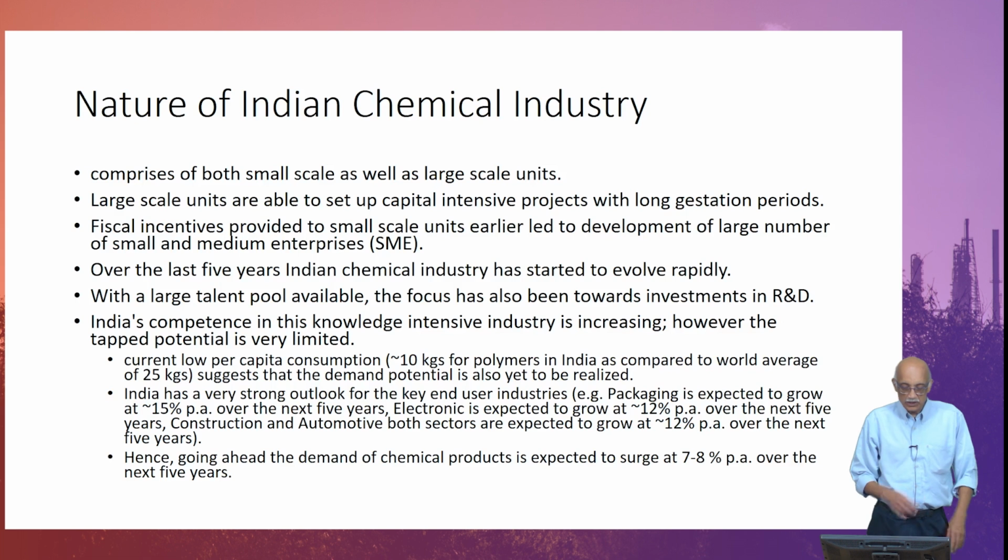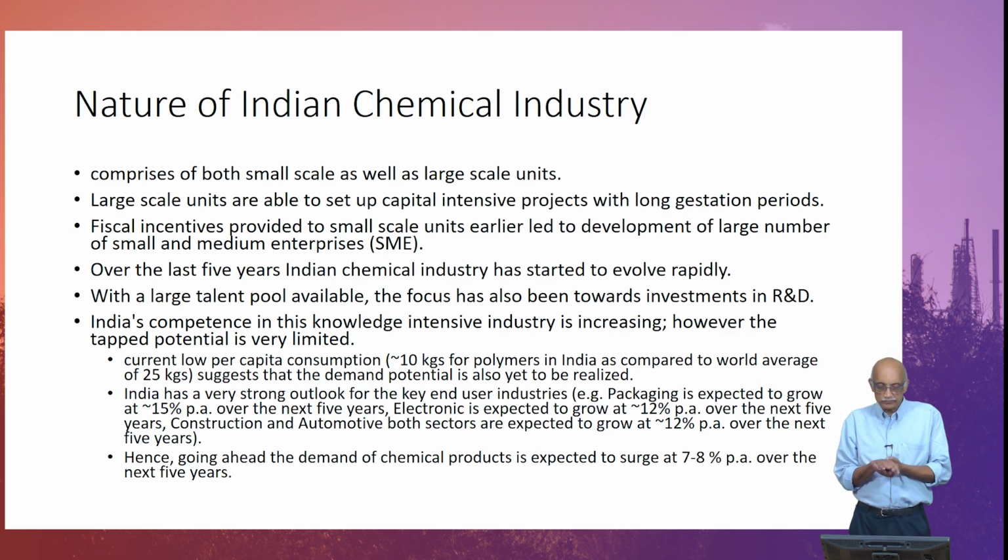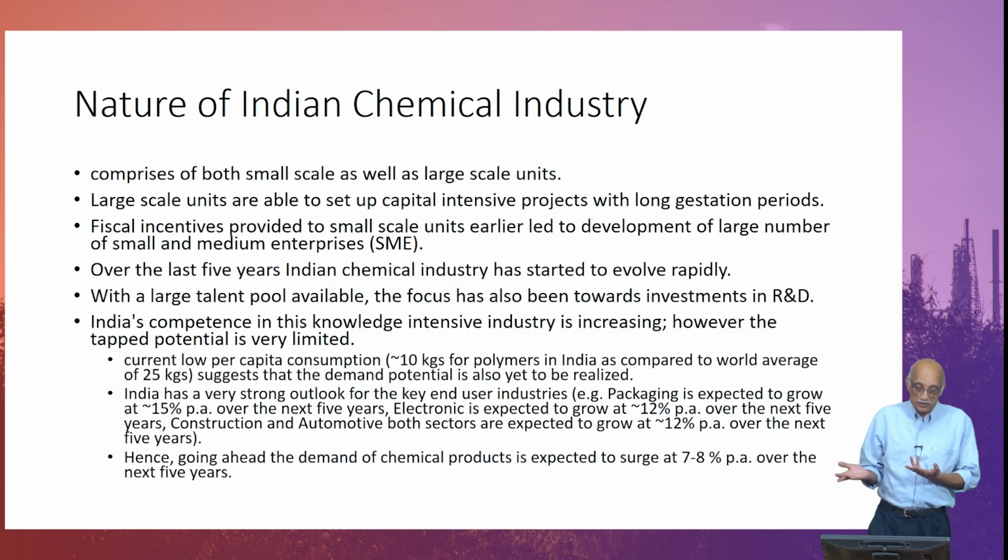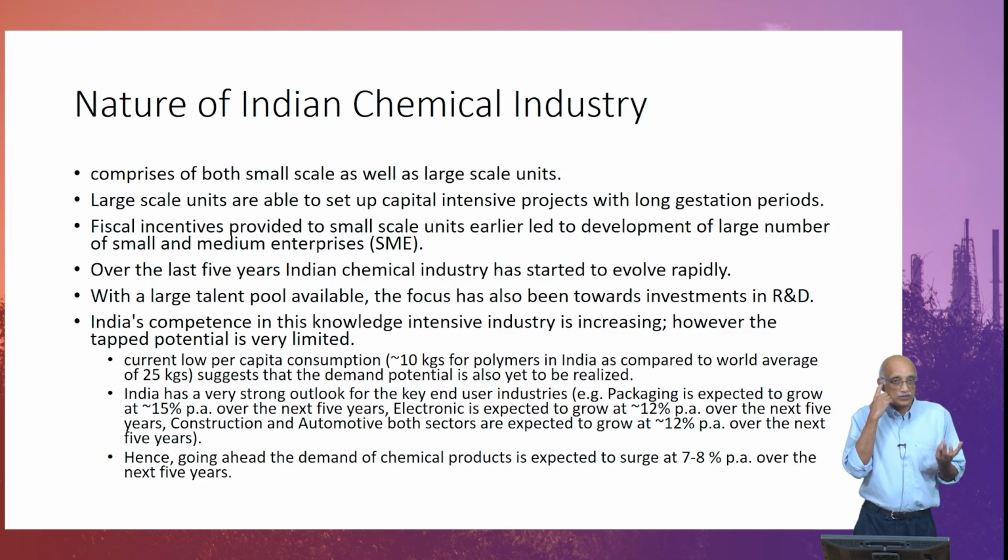So, what is the nature of the Indian chemical industry? There are small scale units, large scale units. Large scale units set up capital intensive plants, but one unique thing you will see in India, just going around the various states, is that there are very small manufacturing units.